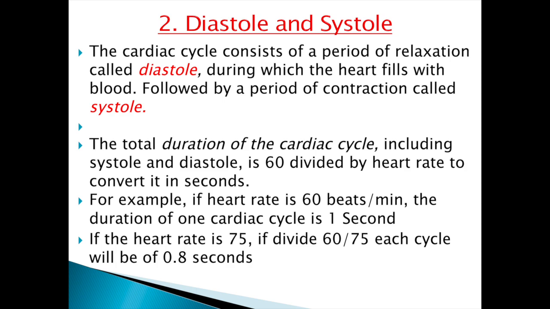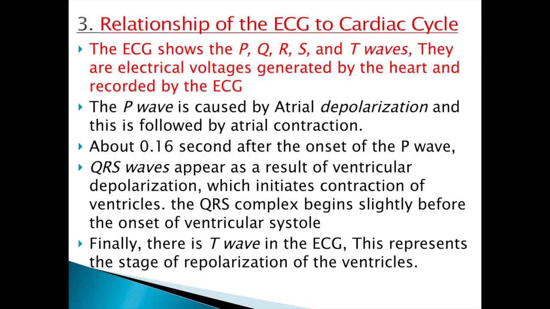But the normal heart rate is around 70 to 75, and if we take 75 as the heart rate and divide 60 by it, the cycle comes to 0.8 seconds. So this is the diastolic time and systolic time, both combined 0.8 seconds. And now we have two chambers, atrial systole and ventricular systole. I will discuss the atrial and ventricular systole and diastole and their timings in the next slide.